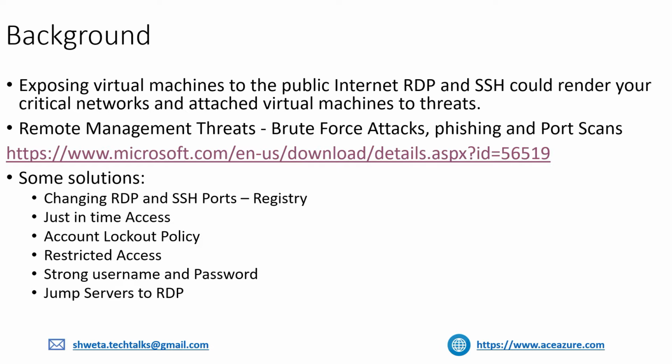Account lockout policy: if there are X number of unsuccessful attempts, then the account is locked out. Restricted access only for a particular period of time, only by particular users. Strong username and password. Of course, this is a very important mandate: do not use any frequently or commonly used words as your passwords.